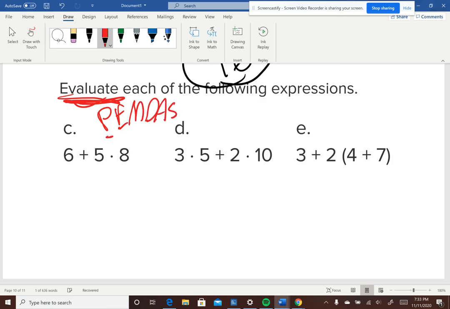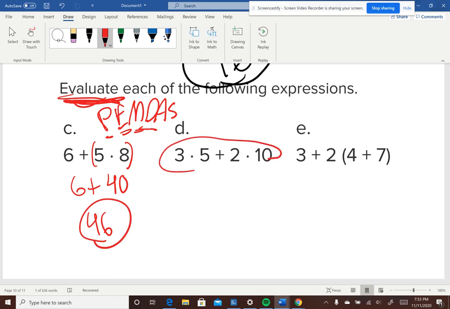No parentheses here in the first problem, so we can simply move on to the next part. No exponents. So now we move on to multiplication or division. Here we see multiplication. I can go ahead and put parentheses around it if I wanted to. So I do 6 plus 40, because that's 5 times 8. That's going to give me 46. Boom.